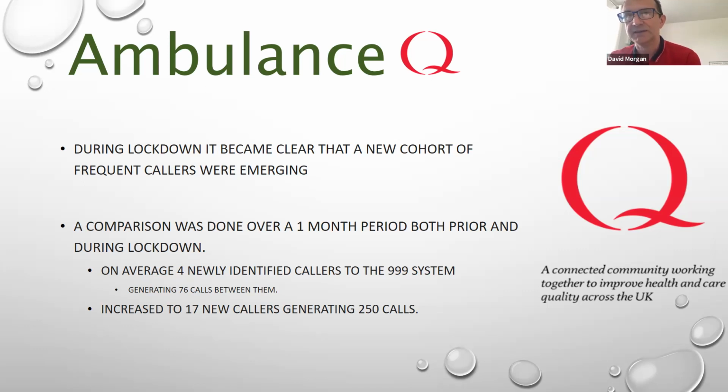Now, interestingly, the frequent callers that we had on our database up until that point dropped off. The frequent callers that we thought we were going to have an issue with supporting as best we could disappeared. But this new level of, we can only call it anxiety-based reason for calling, increased, and we were very worried that if there's 17 people with 250 calls, that was potentially quite high. Next slide, Andrew, please.